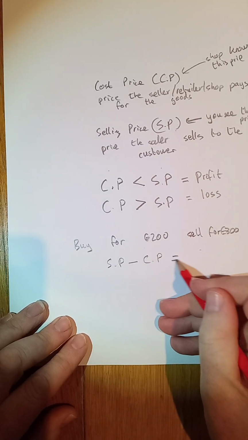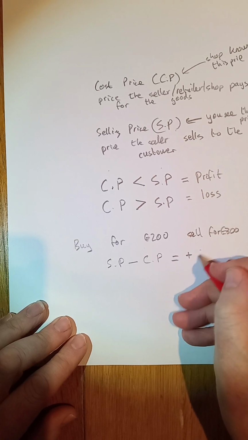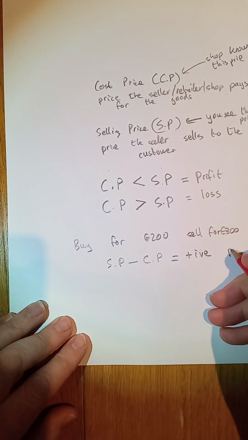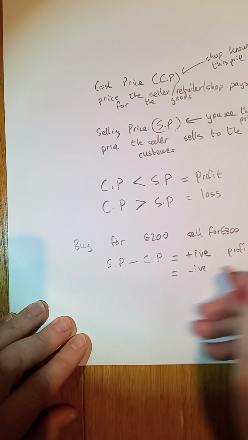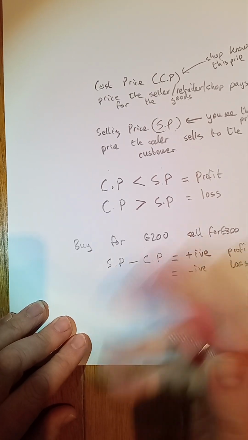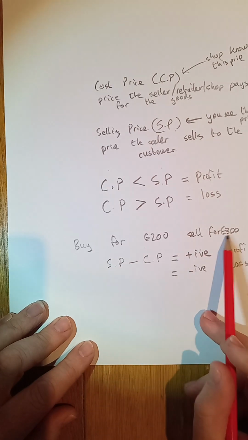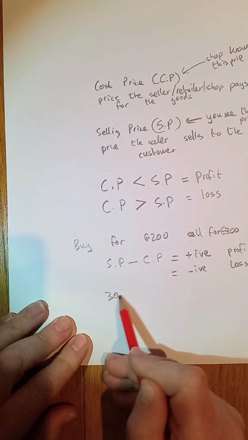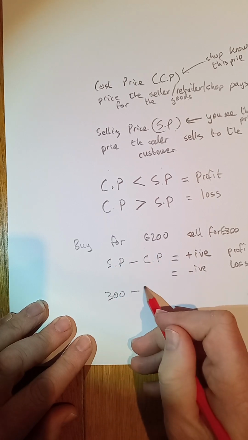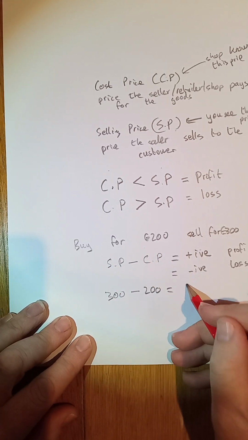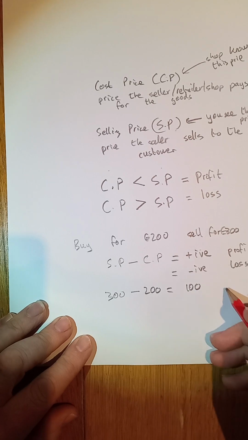Okay, and if the answer is positive, I've made a profit. And if the answer is negative, I've made a loss. So let's check it. So my selling price, I sold it for 300 and I bought it for 200. So that's my selling price, there's my cost price. Answer is €100. That is positive, so it's a profit.